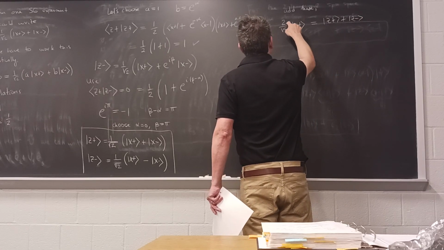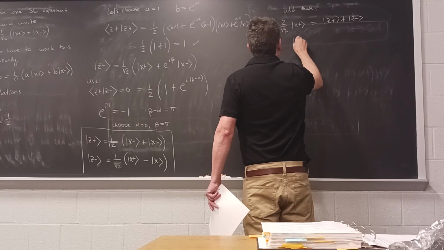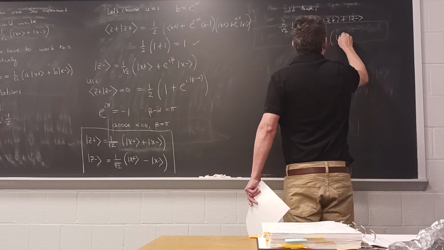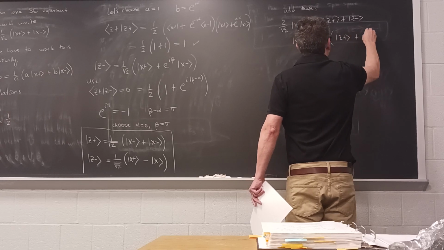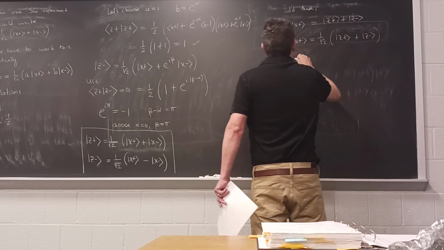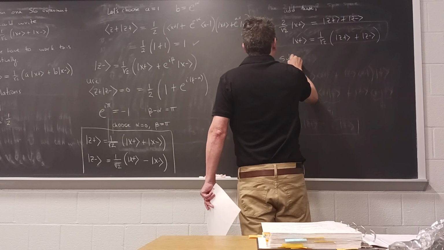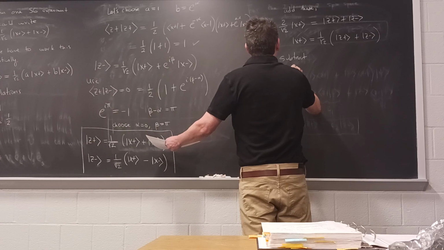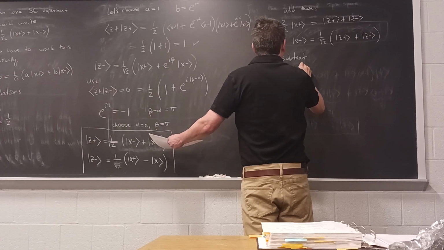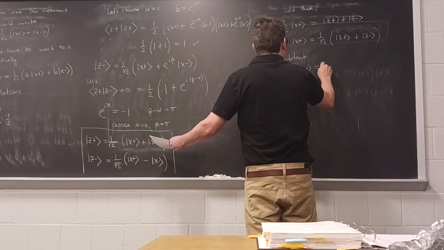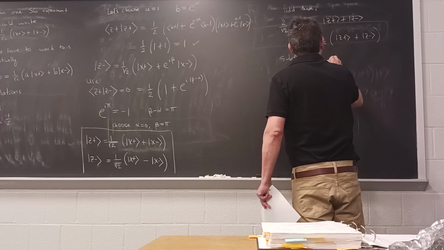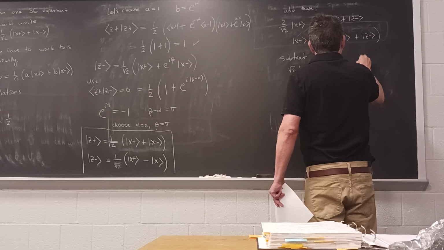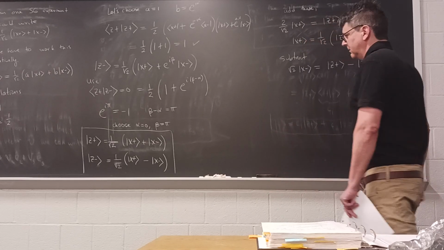So this means that x plus will be 1 over the square root of 2 (z plus plus z minus). And then if we subtract them, we'll have square root of 2 x minus is equal to z plus minus z minus.